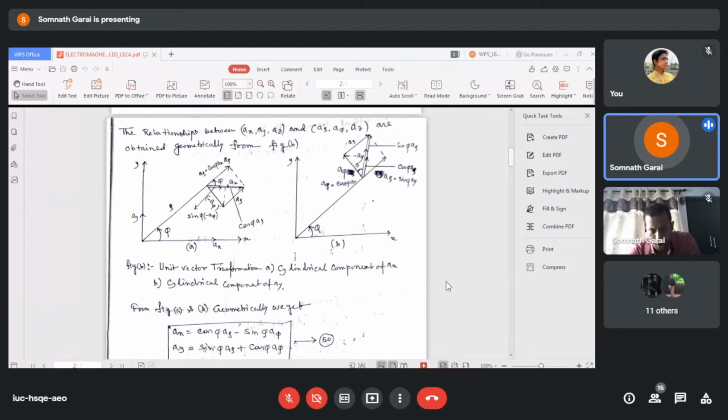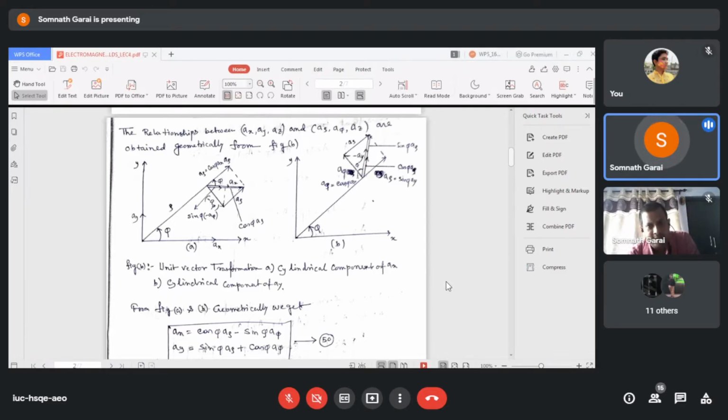If we draw this vector component, this is the x axis, this is the y axis, right? And according to the diagonal, this is the direction of a rho. That is the direction of the arrow. And this direction is the a phi.